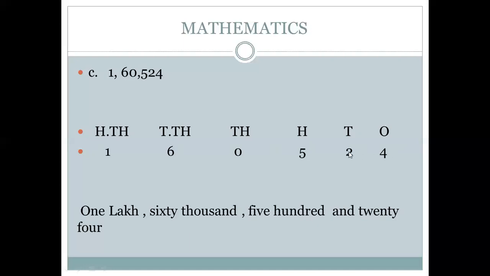Under tens, we put 2. Under hundreds, we write 5. Under 1,000, we write 0. 10,000 is the turn of 6. And at the end, 100,000 is 1. So when you read this: 1,60,524.